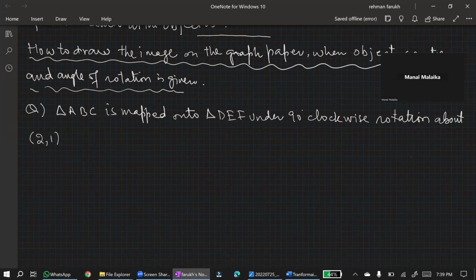The coordinates of A are (4, 2), B (6, 2), and C (6, 5).